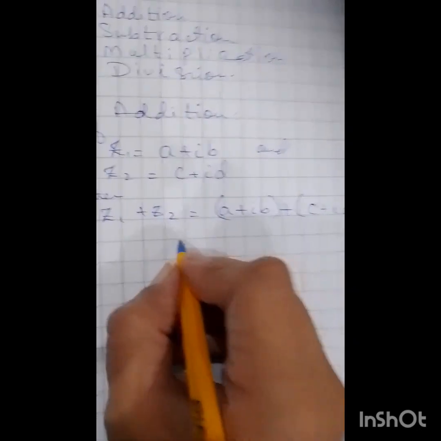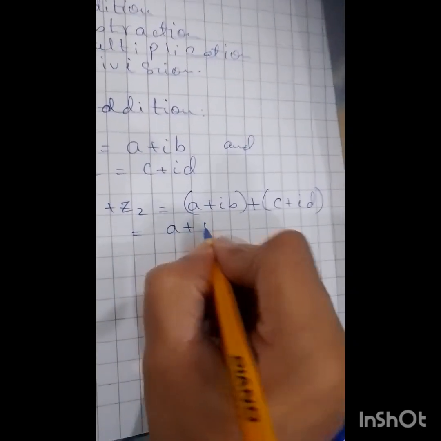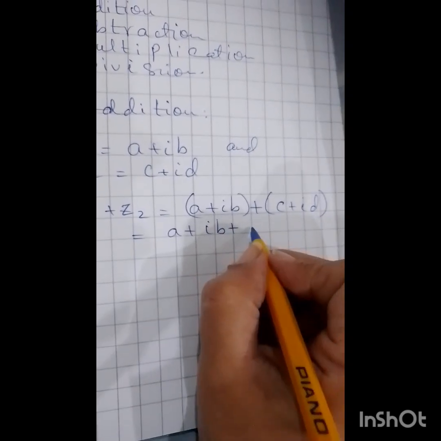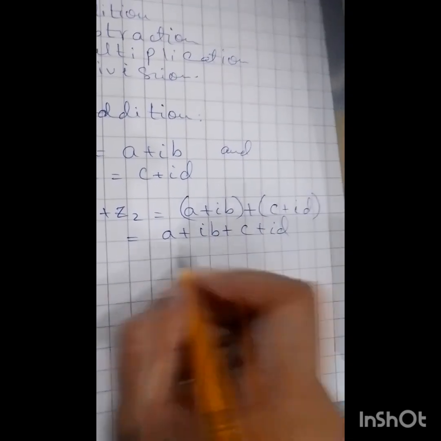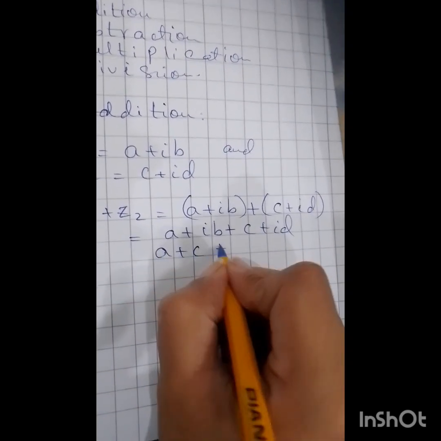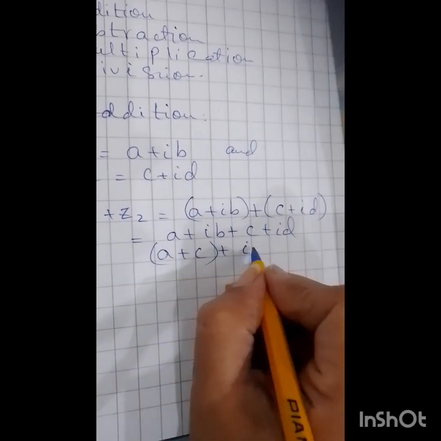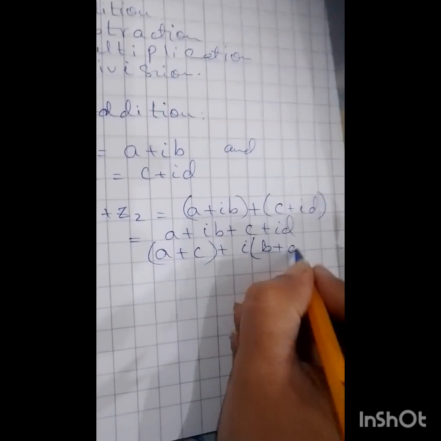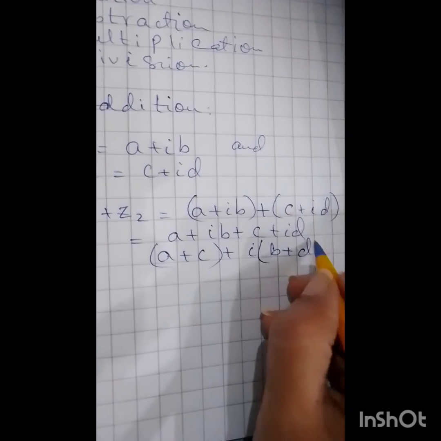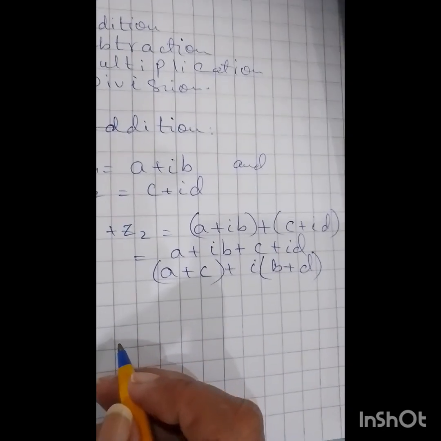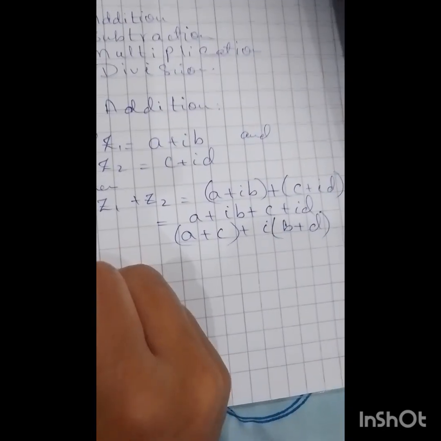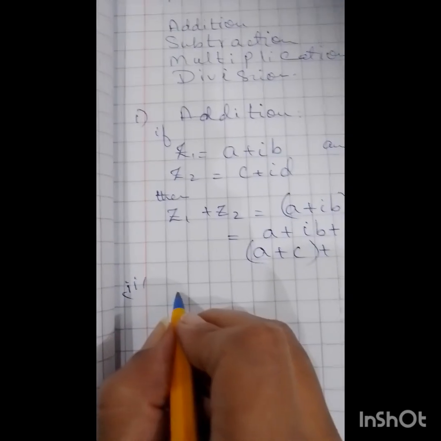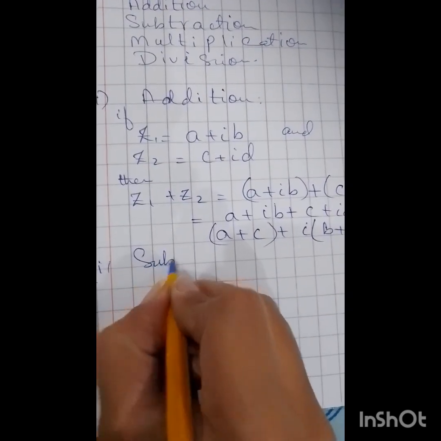Now opening up the brackets, we will gather the like terms and add them together. Here we are dealing with the variables, so it won't change, and the equation will remain the same: a plus c plus iota times b plus d.